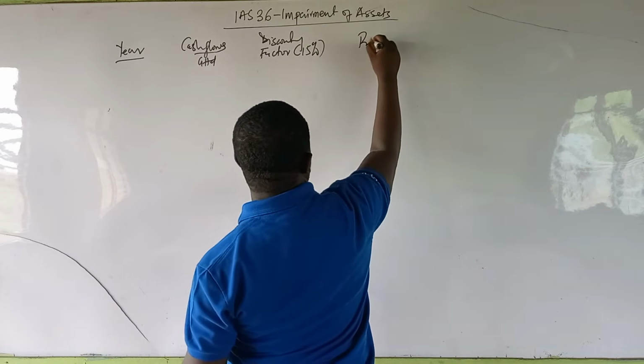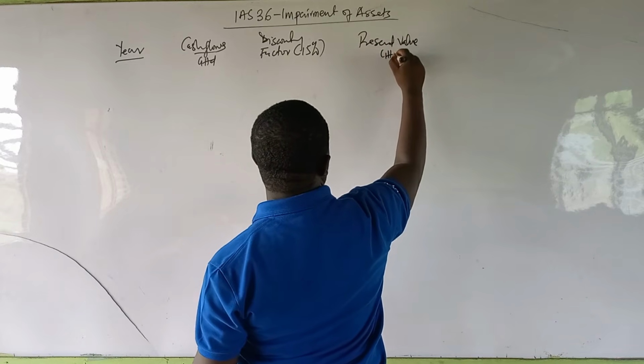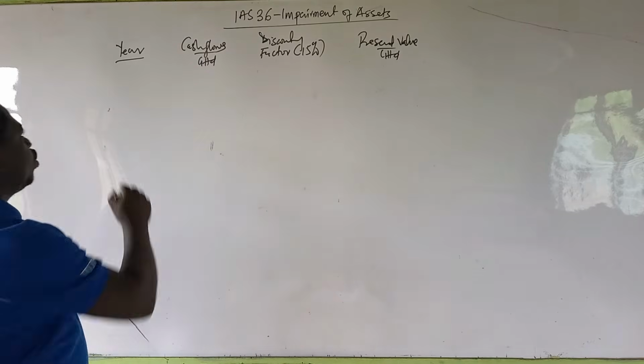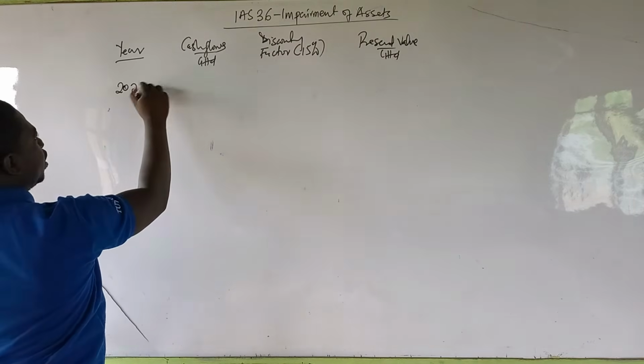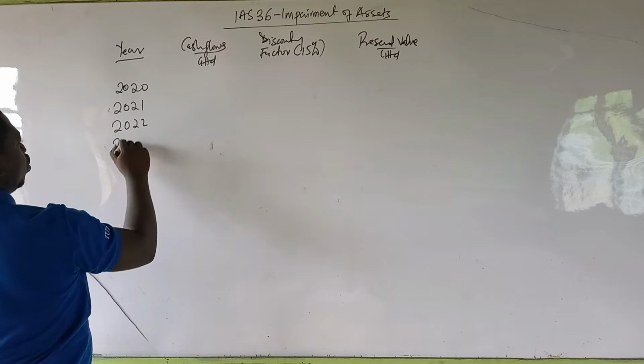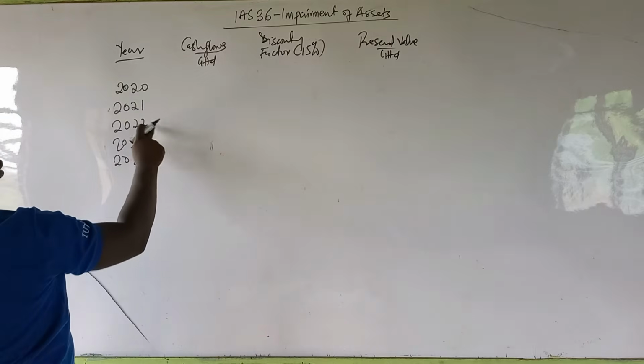And then the present value will also be shown. So this is how to go about it. So the years are 2020, 2021, 2022, 2023, 2024, 5 years.